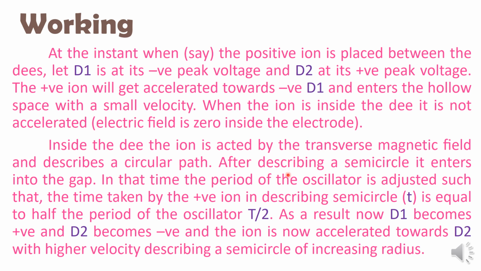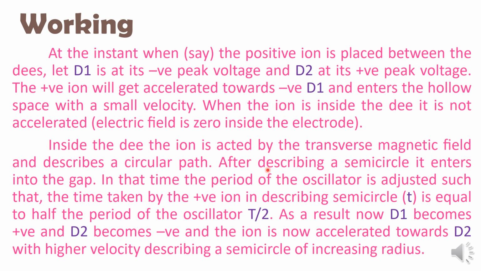Now, after describing a semicircular path, the particle again enters the gap, and when it is describing a semicircular path, it is moving with a constant velocity, and since the velocity is constant, it describes a circular path of a particular radius.